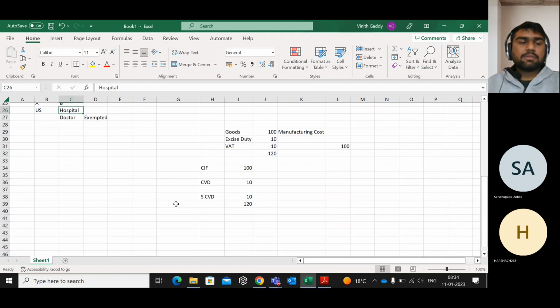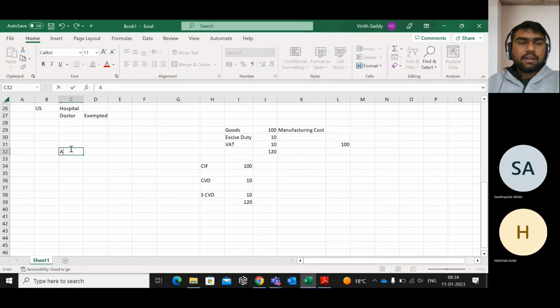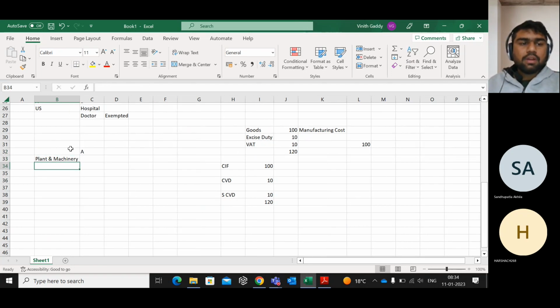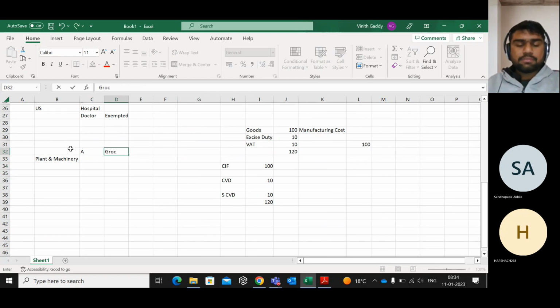Let us take one example. A is the registered person. He purchased one plant and machinery, and he is trading in some grocery items, so he purchased groceries also.